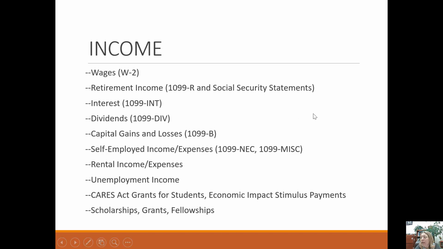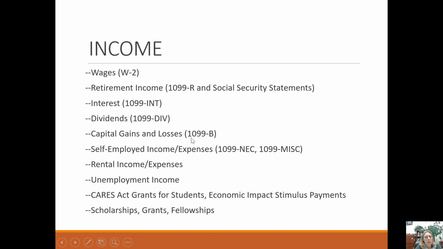Okay. Retirement income is very common with us because we get a lot of older folks that come in and do stuff with us. We see Social Security statements and 1099-R, which means retirement. So these are disbursements from a retirement plan of some kind. Interest and dividends are on what we call a 1099-INT or a 1099-DIV.